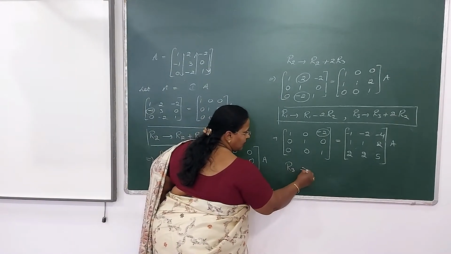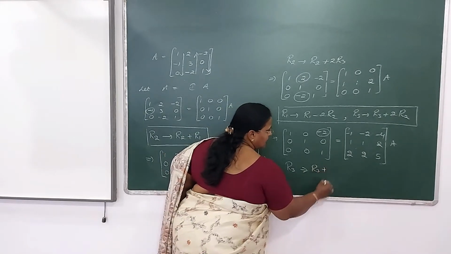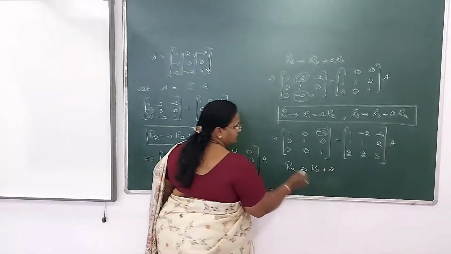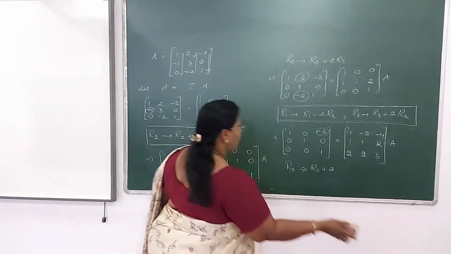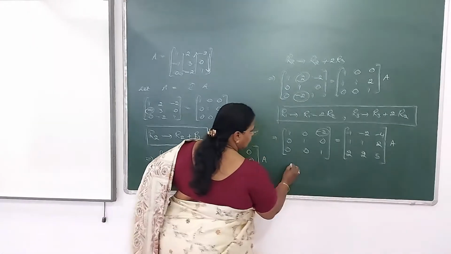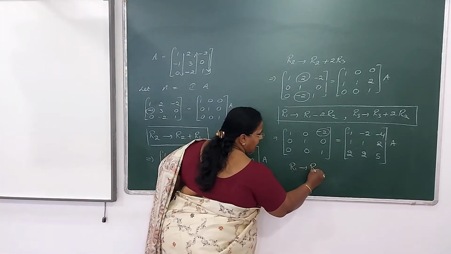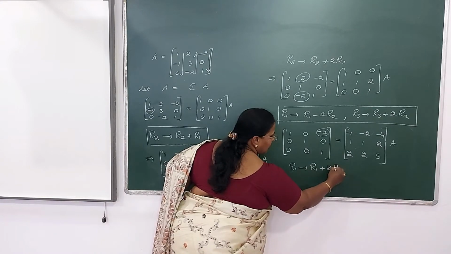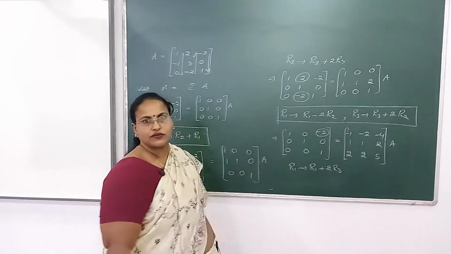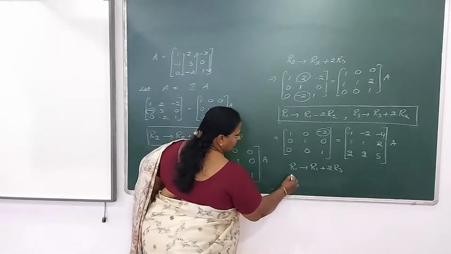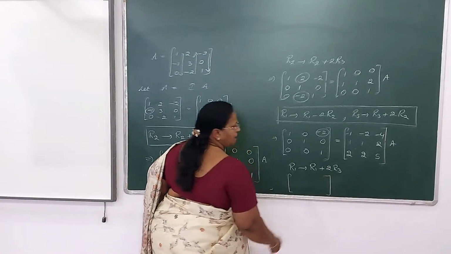So R1 replaced by R1 plus 2 times R3. So now this is the last one. So let us apply.